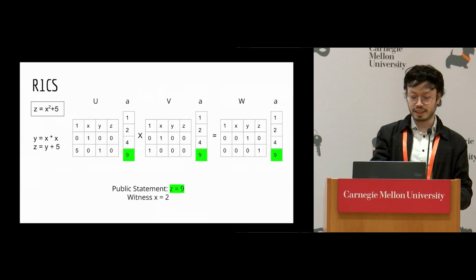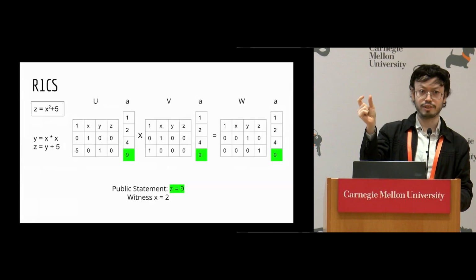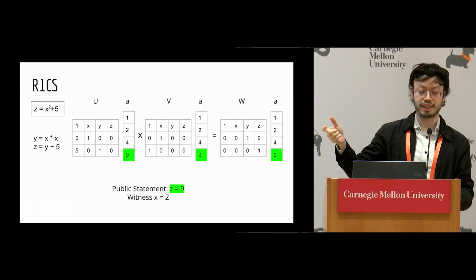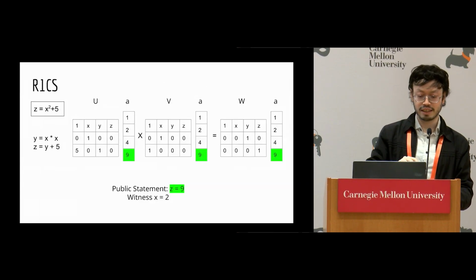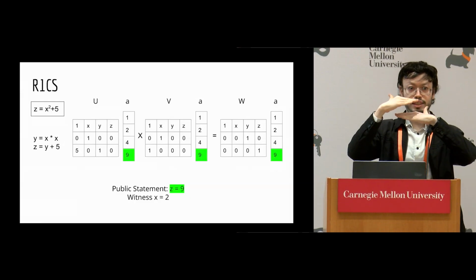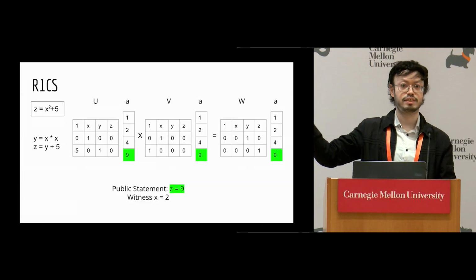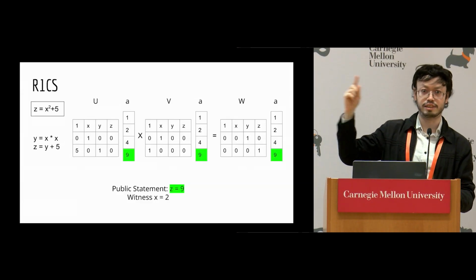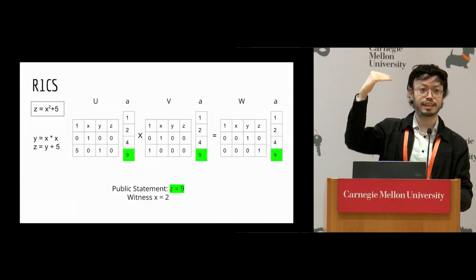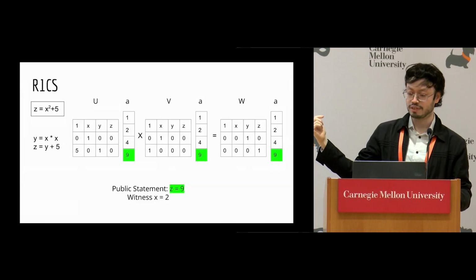So there is an auxiliary variable y, which is just the square of x. So y equals x squared, and then z equals y plus 5. These two equations together give you the final equation, right? The first row of this R1CS encodes the fact that y equals x squared, and the second row encodes the fact that z equals y plus 5, okay?